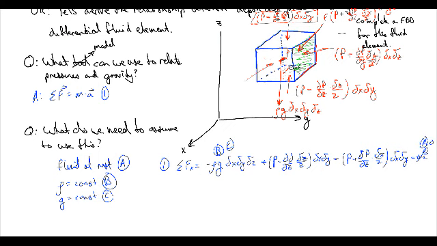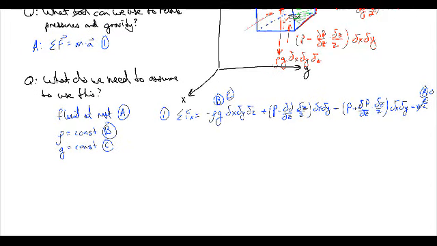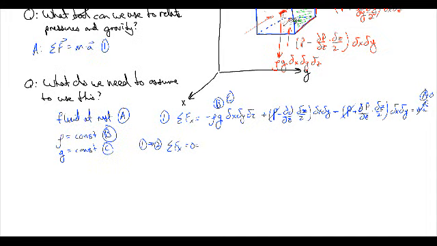Cool. So now let's tell our grader and our future coworker that we're going to take equation 1 and turn it into equation 2. And that equation 2 is going to be sum of our forces in the z direction is equal to 0 is equal to, well, we can cancel out our pressures because we have a plus pressure and a minus pressure here. But the minuses mean that our dP/dz terms don't cancel out.